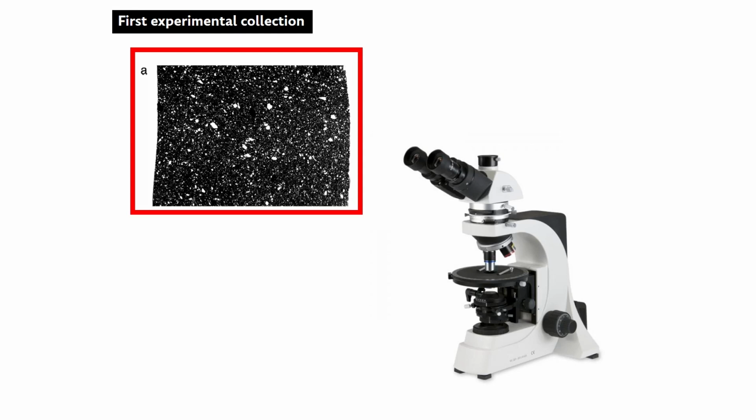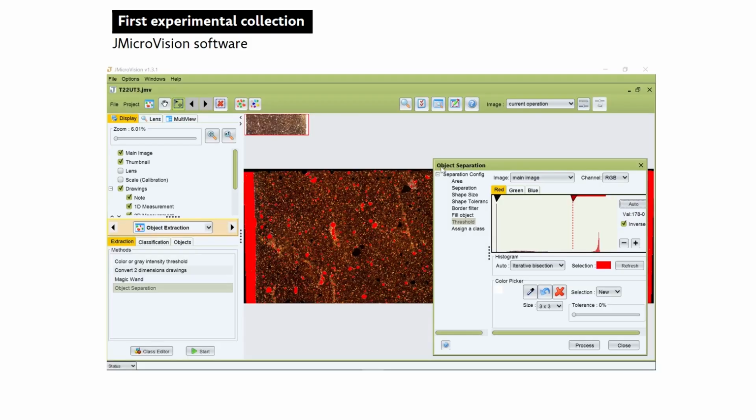Originally, we captured 3 transects approximately 6 mm wide in each thin section at the magnification of 40 times in plane polarized light using a standard petrographic microscope. The resultant images have a resolution around 1 micrometer.